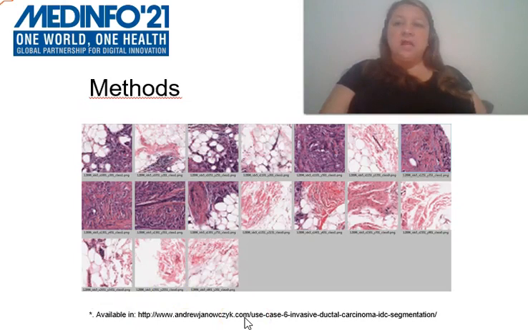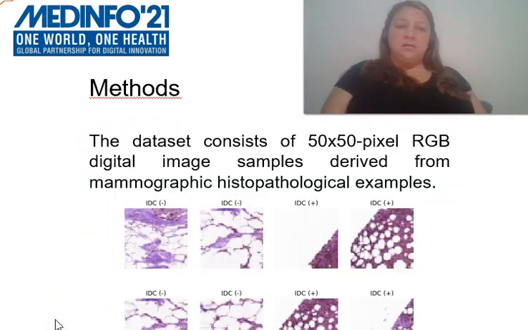This figure shows the dataset available on the website. The dataset consists of 50 by 50 pixel digital image samples derived from histologic examples.